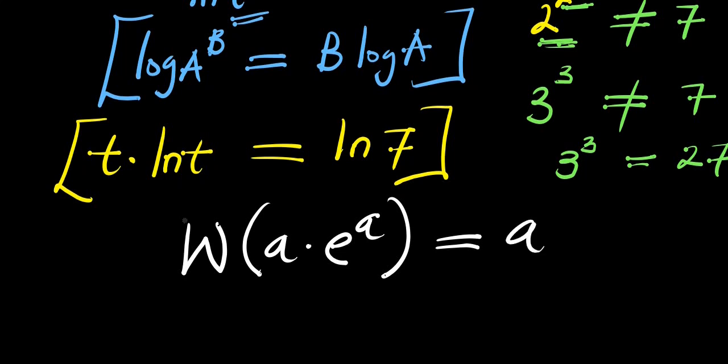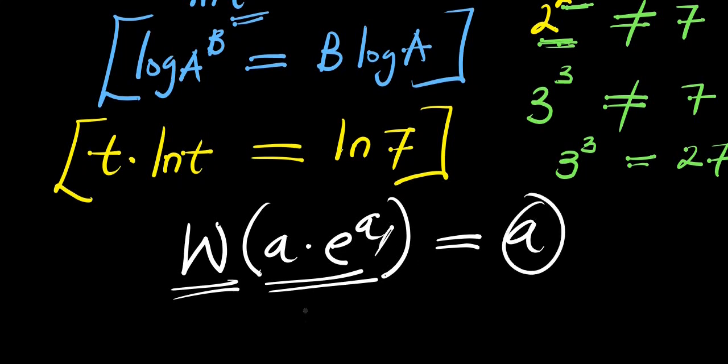So whenever you have an expression such as this, a times e power of a, you can apply the Lambert W function right there. And once you apply it, what you are going to get will be this exponent, which is the a. So that is the meaning of this function.